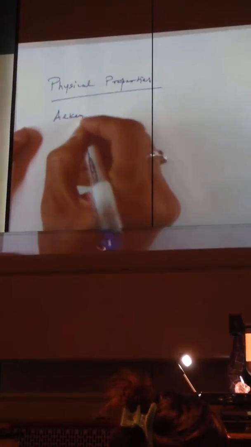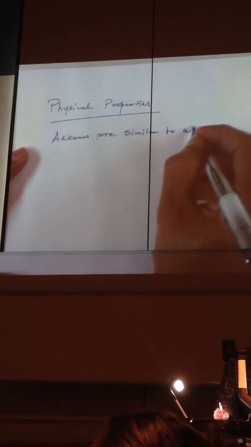So in terms of the physical properties, alkenes are similar to alkanes.